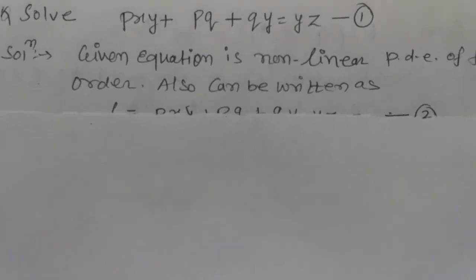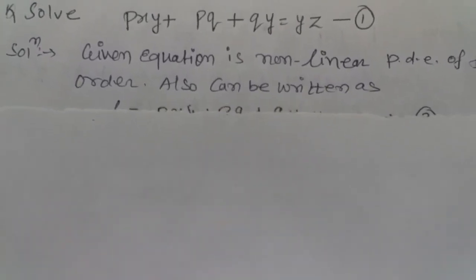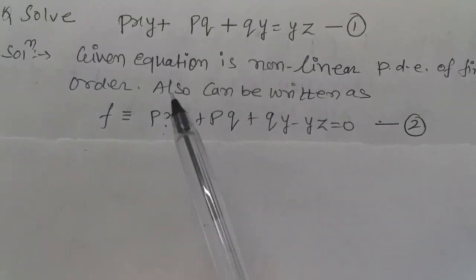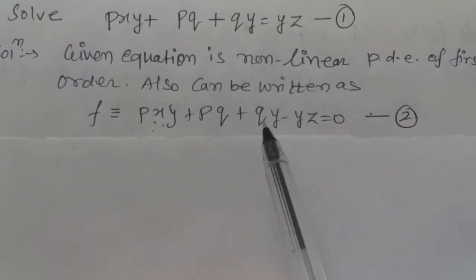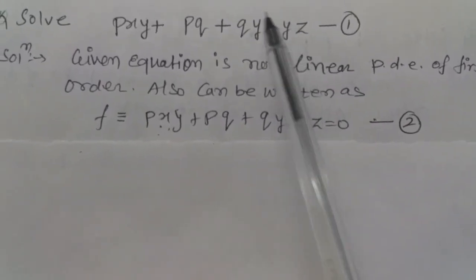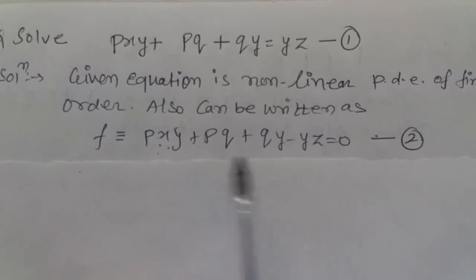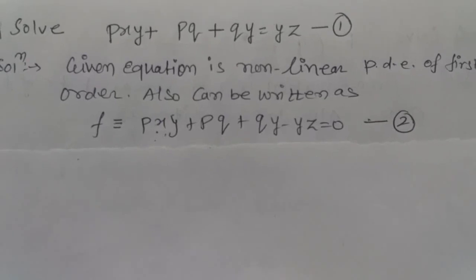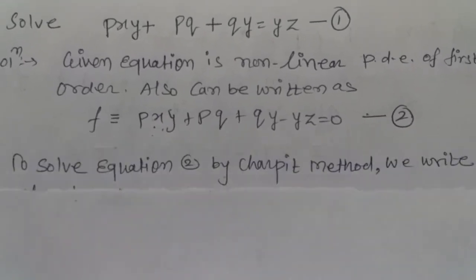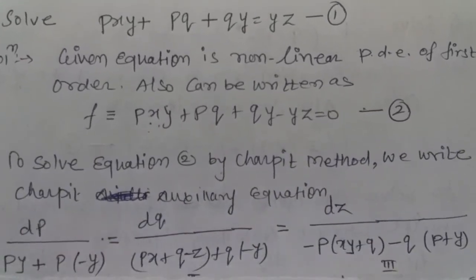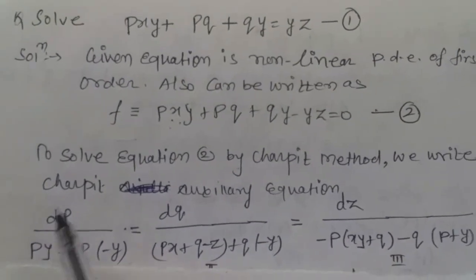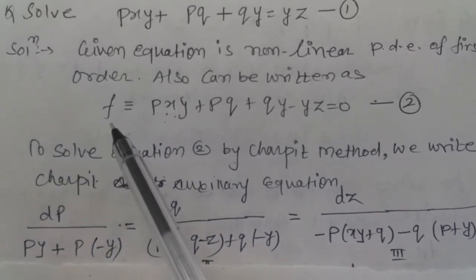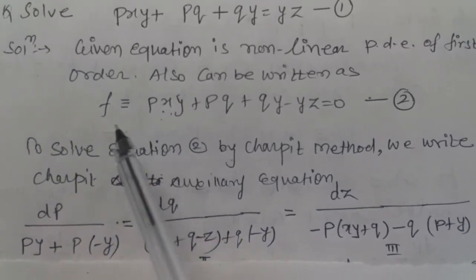So we write this equation as the function f equal to pxy plus pq plus qy minus yz equal to 0. Now we write the Charpit auxiliary equation, which is dp upon del f by del x, the partial derivative of f with respect to x.